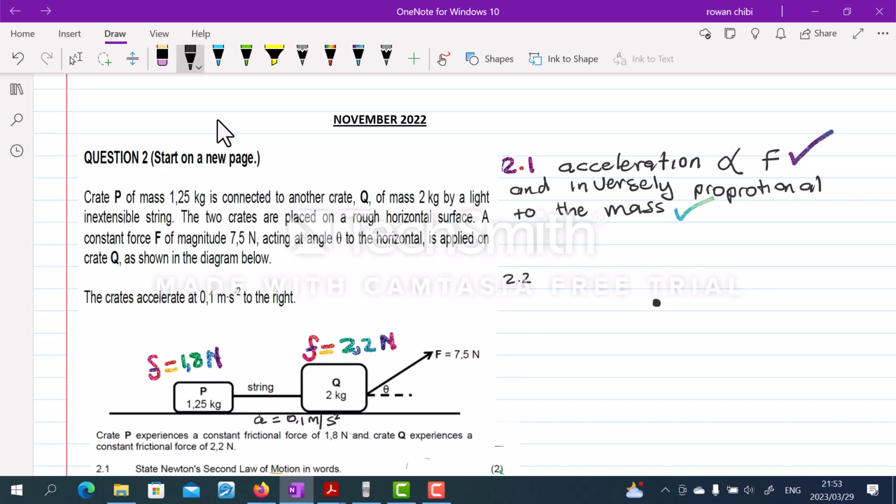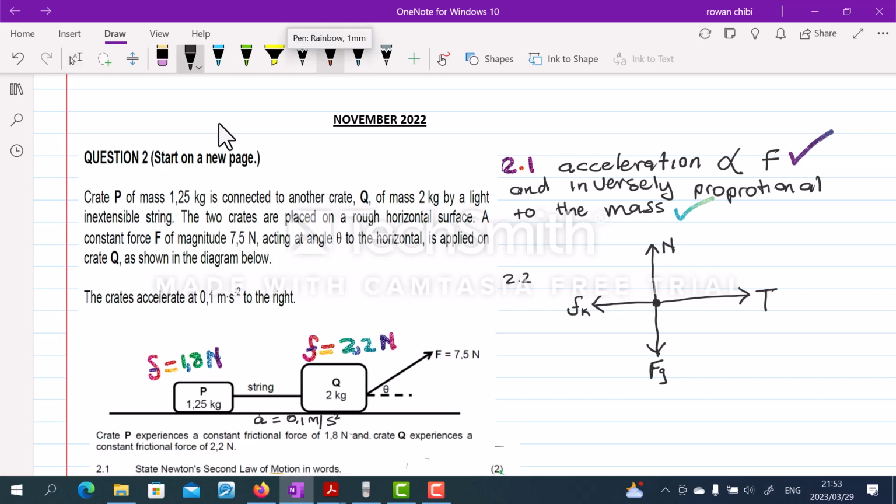So to the right there is a tension, and then to the left you have your kinetic frictional force, and then towards the center of the earth you have your weight, and then the surface is exerting a force on the object, we call it the normal force.